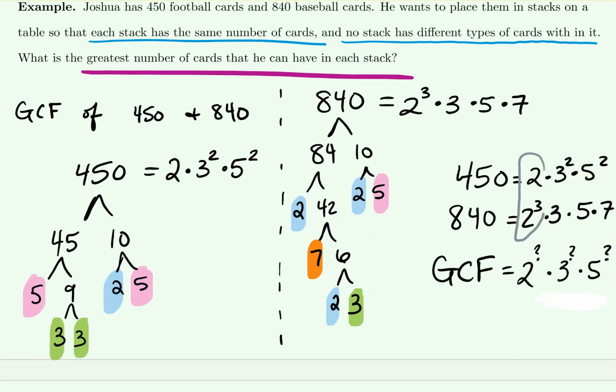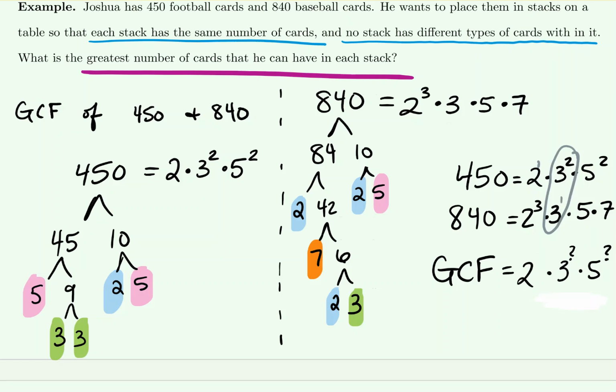For greatest common factor, we look at the 2 in both prime factorizations, and we choose the least exponent possible. The least exponent here is the implied 1 exponent, so that would be 2 to the first power. Next, we would look here at 3. We've got an implied exponent of 1 and a 2.